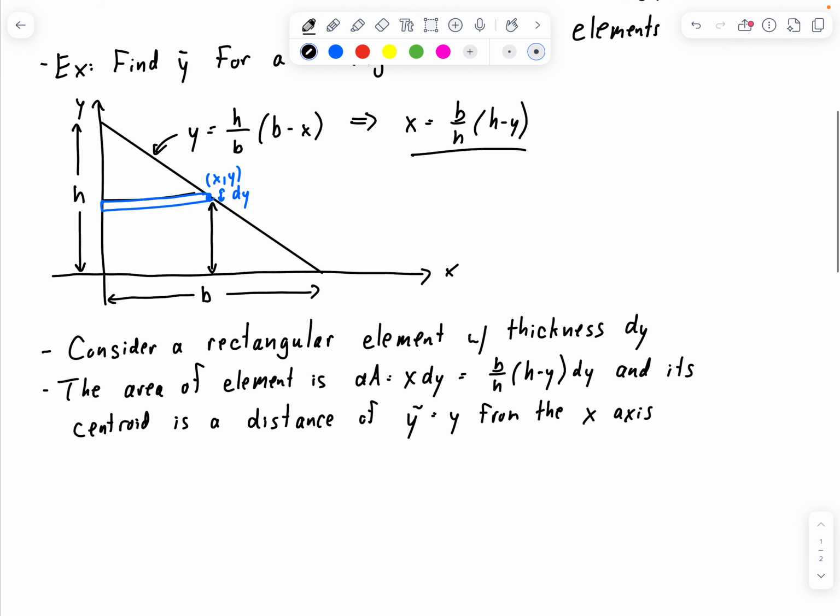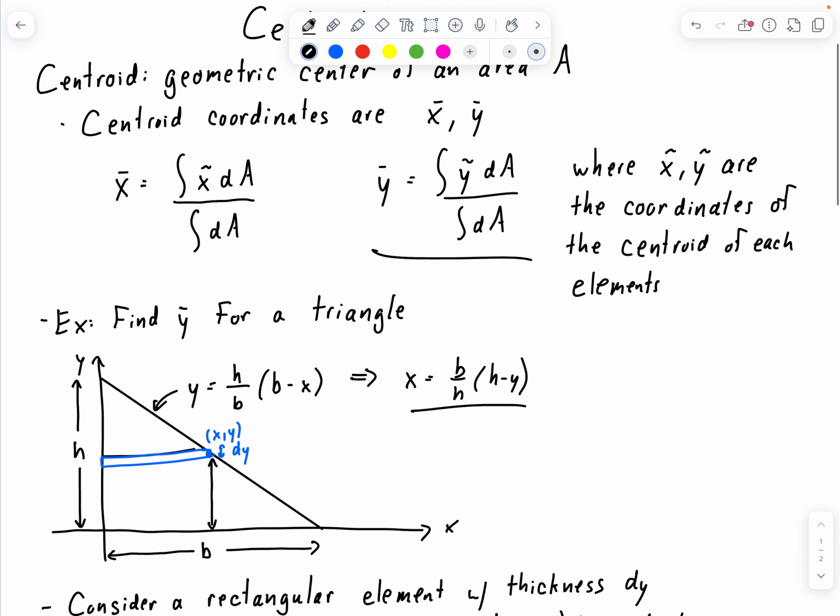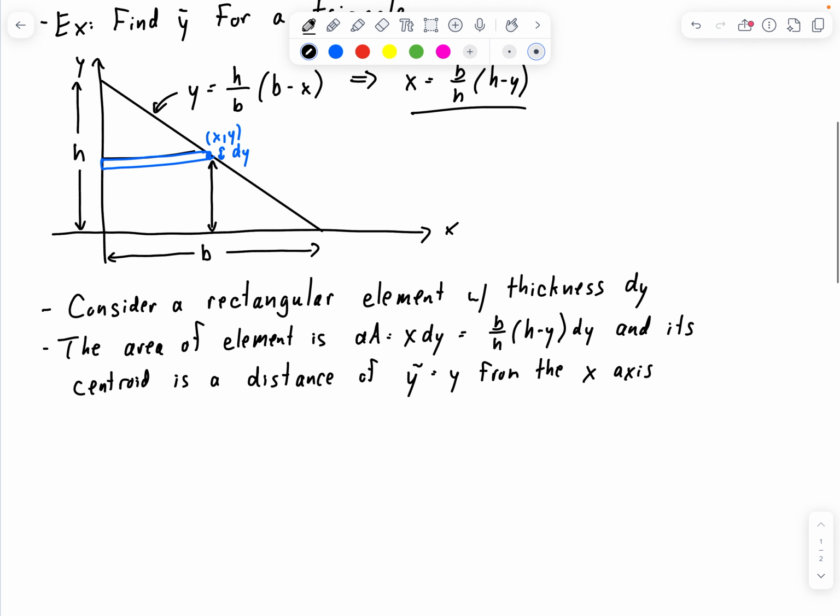So now we can apply our equation up here for the y centroid, y bar. So we will apply the equation. y bar is equal to the integral of y tilde dA over the integral of dA. And when we do that, we integrate this from 0 to h.